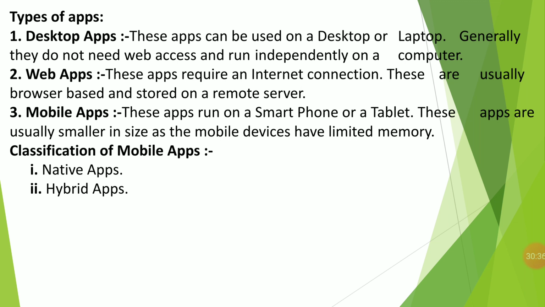Next is web application. These applications require an internet connection. These are usually browser based and stored on a remote server. Users access them like any other web page and can save them on their computer by creating a bookmark to that particular page.